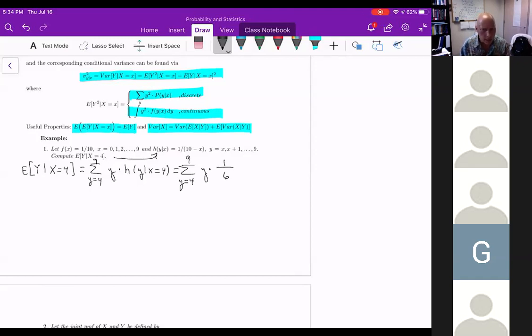The 1/6 is constant, so I could pull this out of the sum. And I am essentially summing y when y goes from 4 up to 9. Which means this is 1/6 times 4 plus 5 plus 6, 7, 8, and 9.